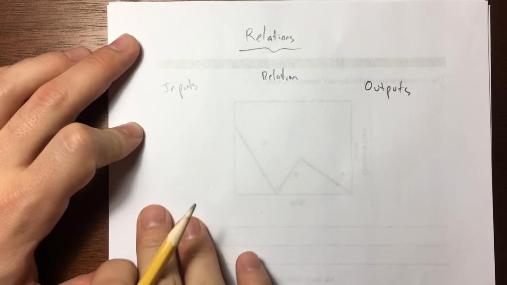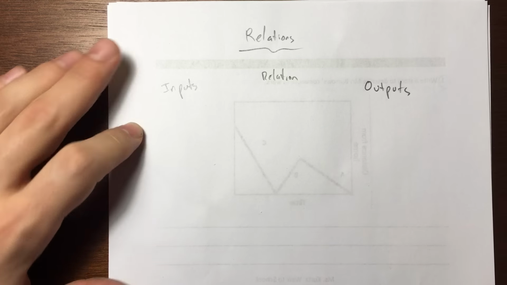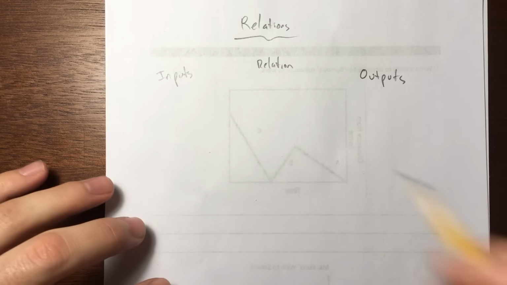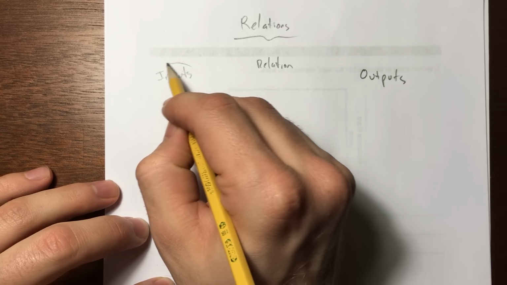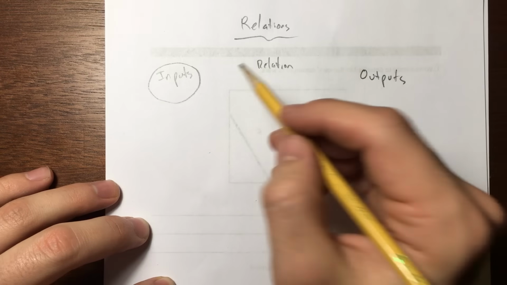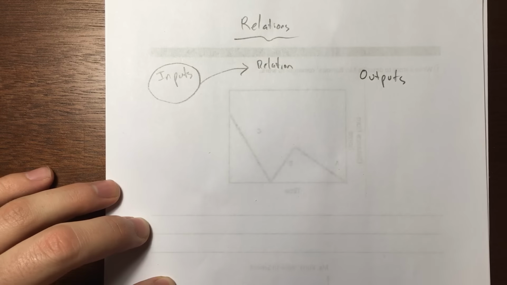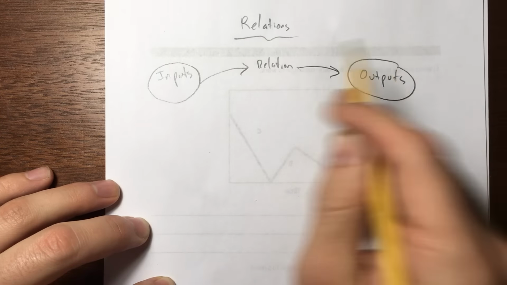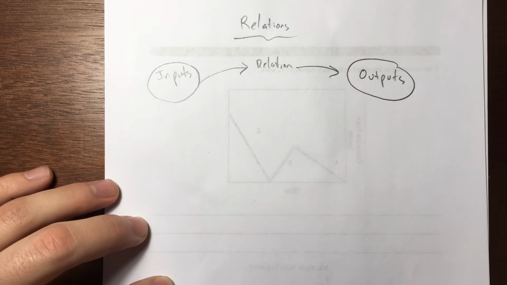These can be numbers, letters, or codes if we're talking about computer programming or computer science. Basically, you have this set of things that you put into this relation or this code, and they spit out these outputs.